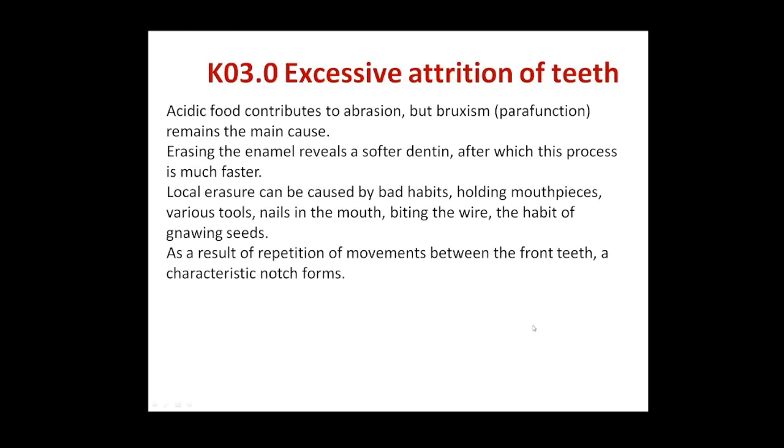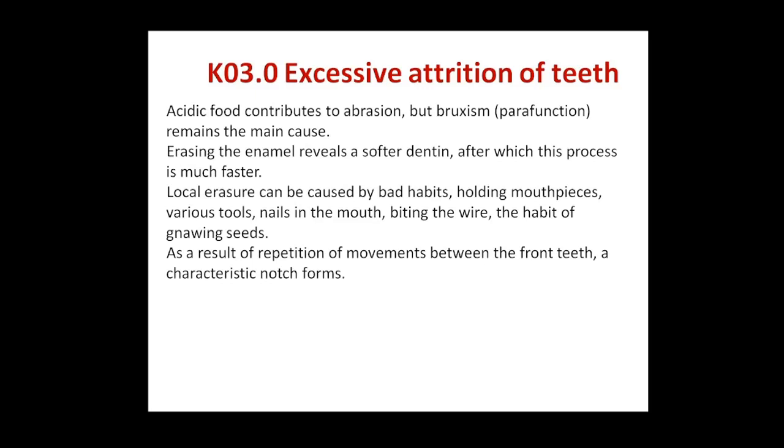Sometimes it may be acid food. Acid food contributes to abrasion, but bruxism, parafunction, remains the main cause. Erosion of the enamel reveals a softer dentin, after which this process is much faster.